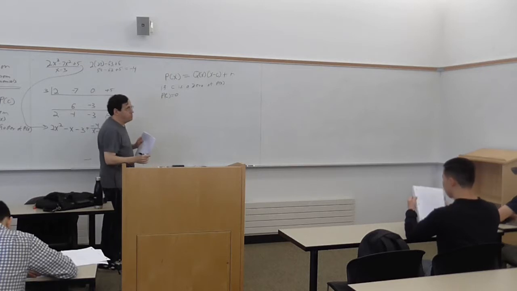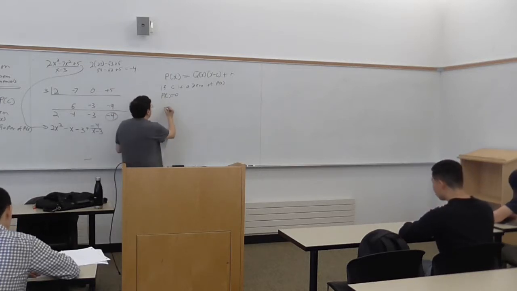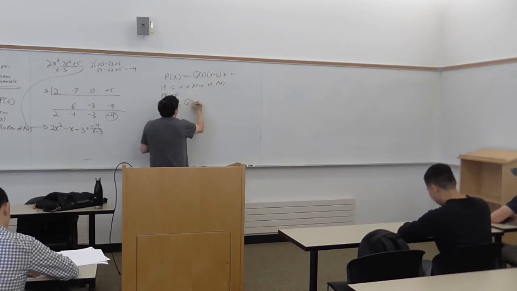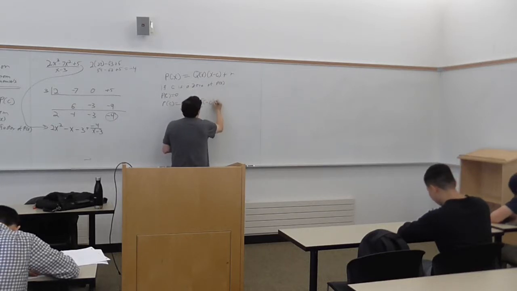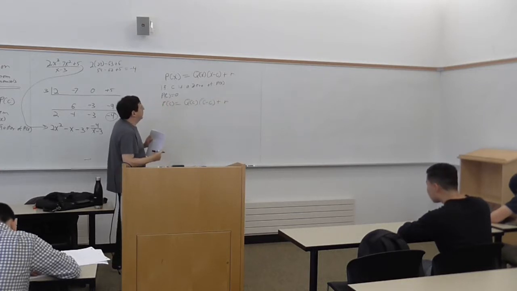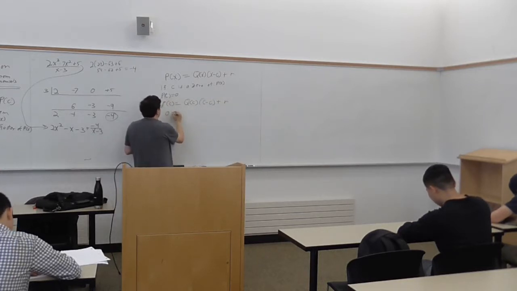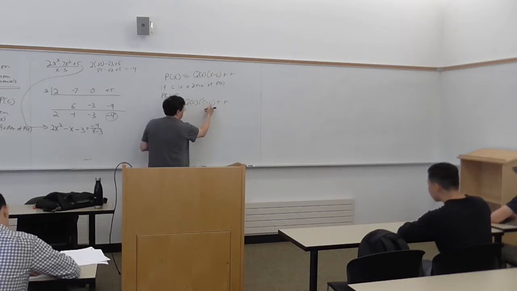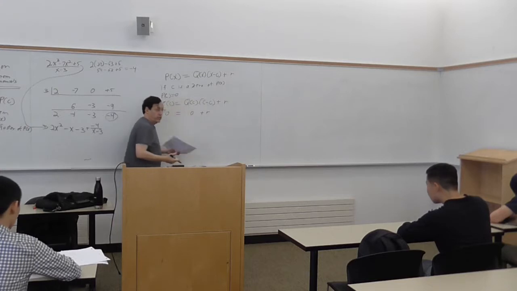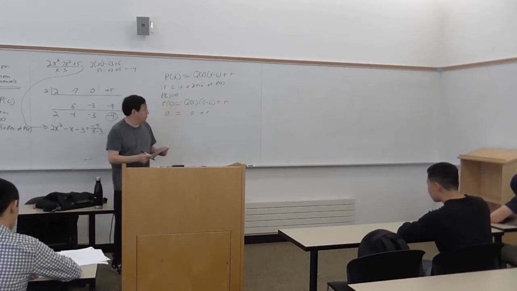But P of C is equal to Q of C times C minus C plus R. Well, this is 0. This is 0, so we have 0 plus R. We conclude that R is 0.